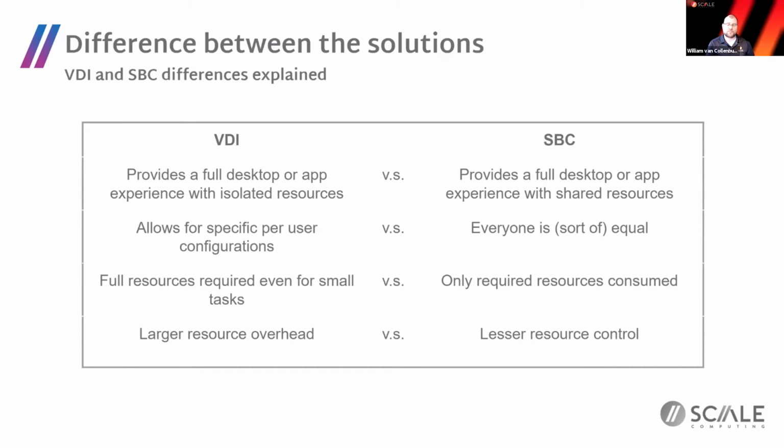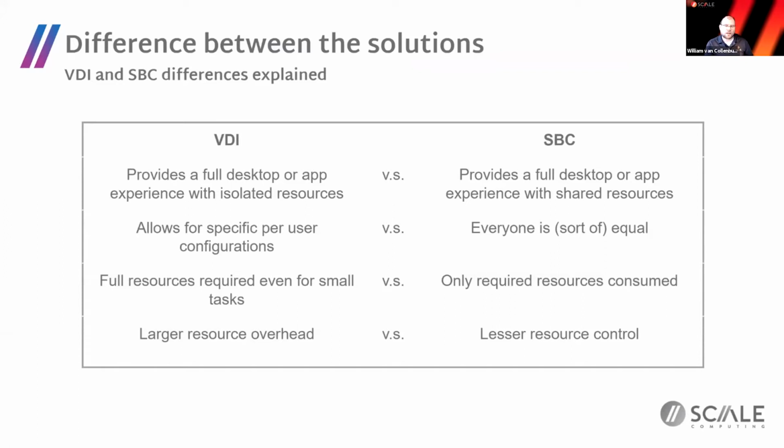The downside of that being, let's imagine having Microsoft Access running as an application, and one of the users runs select star from star, a very complex query on that Access database. This might negatively impact all the other users that are on the same system.